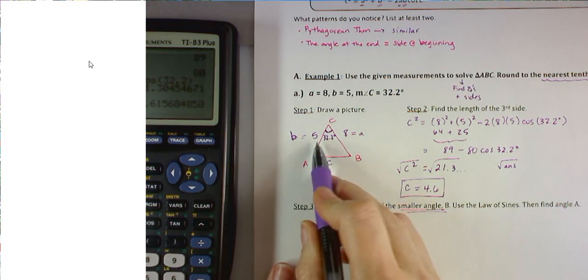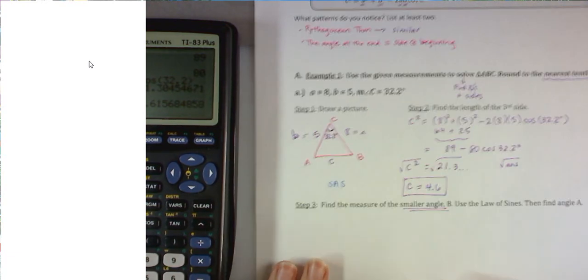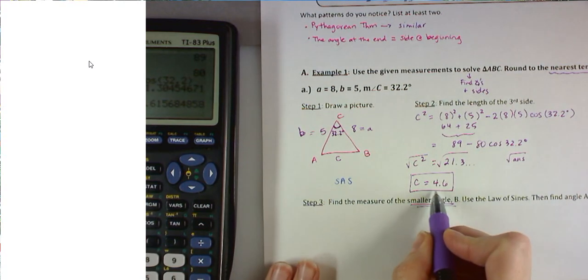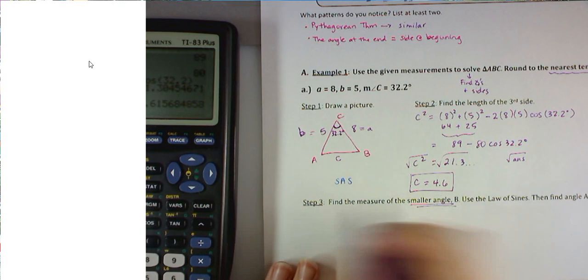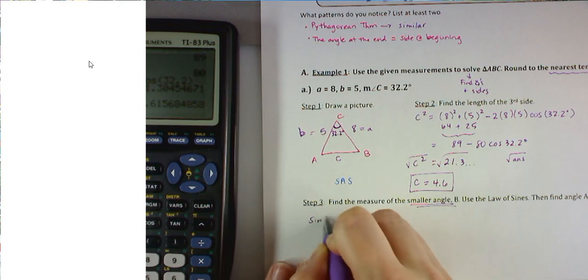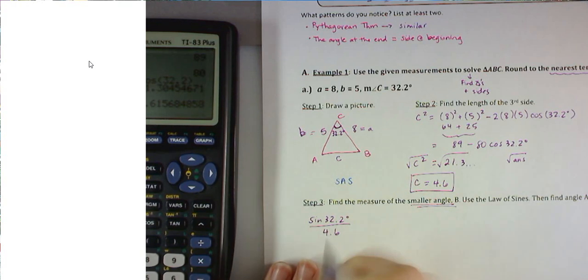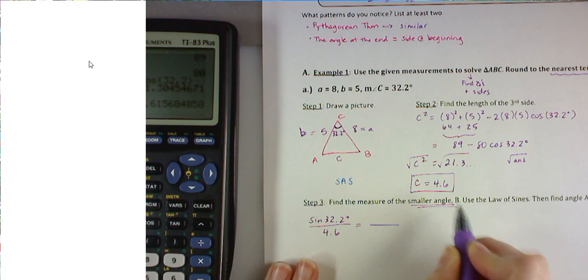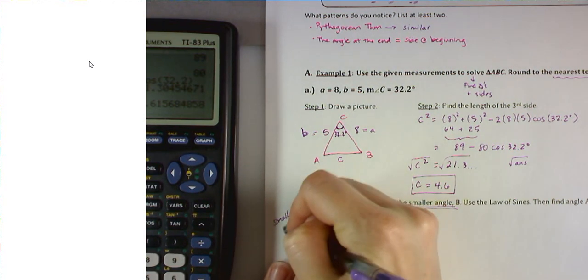So now I have a matching pair. I'm going to use the sine of 32.2 degrees over 4.6, and this is a rounded value. So the smaller angle would be B, so this is going to be the sine of B over 5.